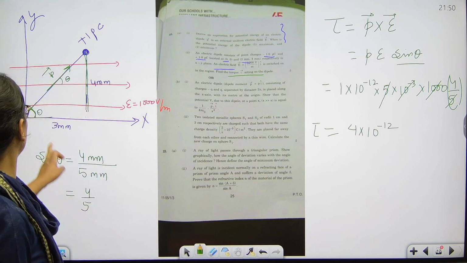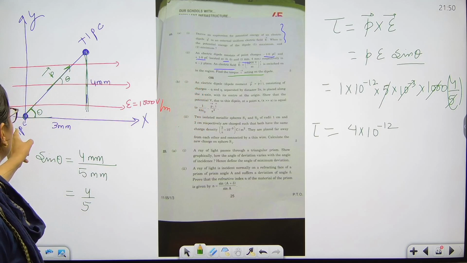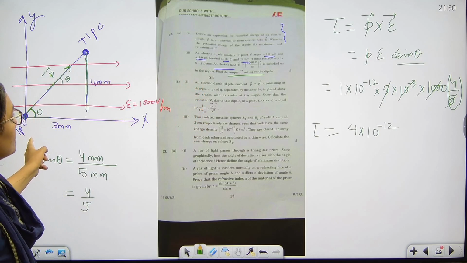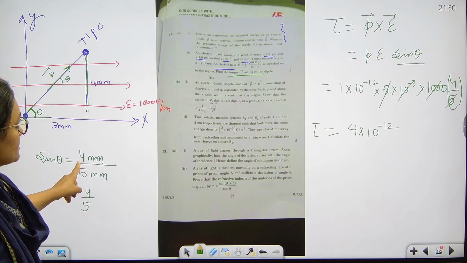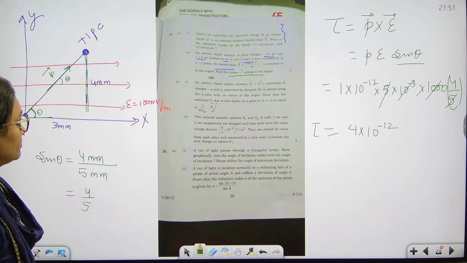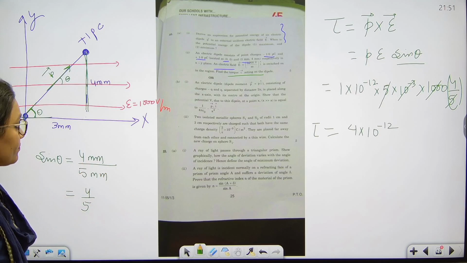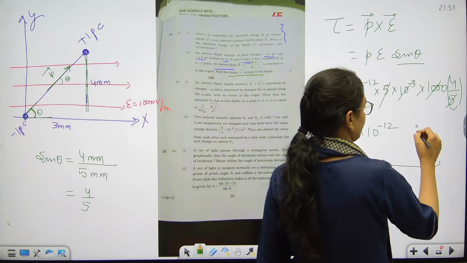We'll check it one more time. It is picocoulomb. Okay, 10 with the power minus 12. Newton meter.